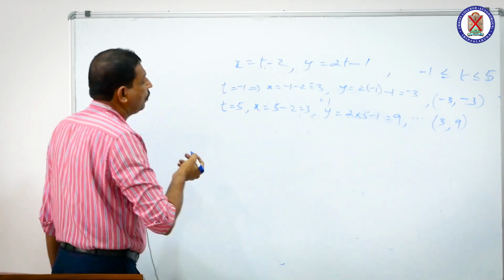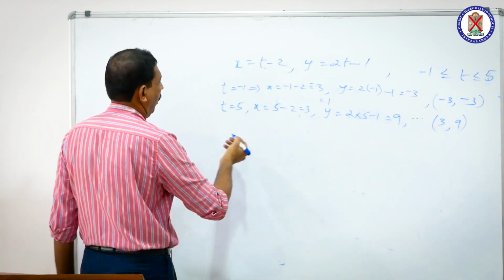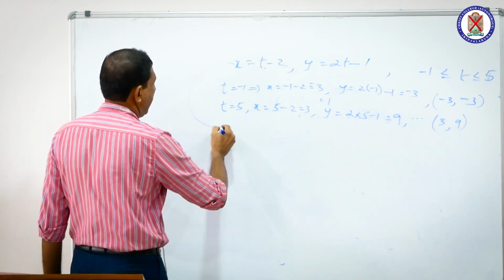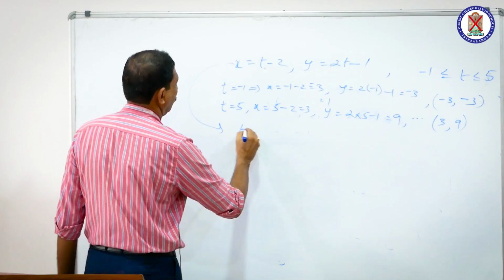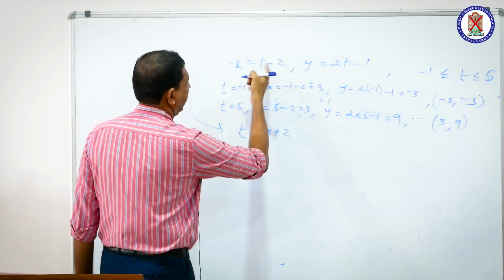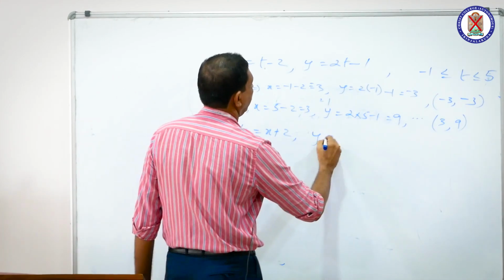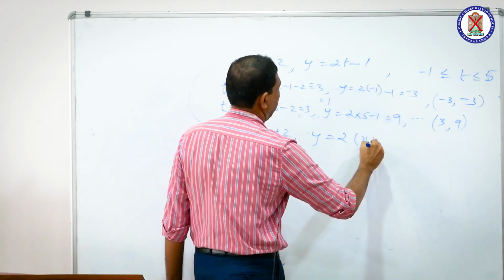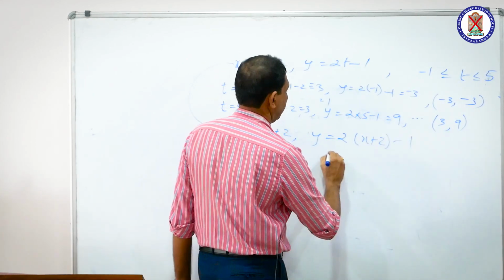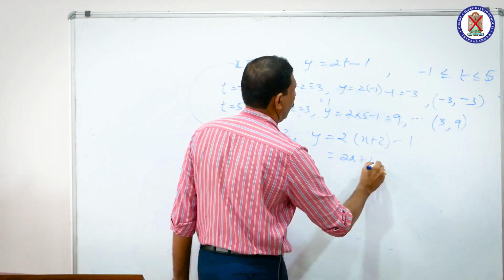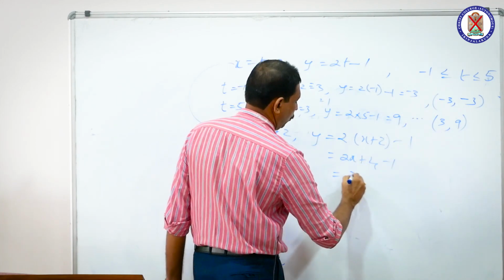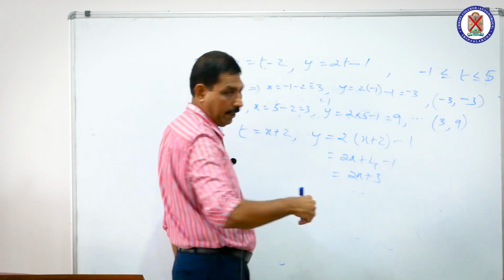The conversion to Cartesian form, as you know: t equal to x plus 2 from here, then y equal to 2 into x plus 2 minus 1, that is 2x plus 4 minus 1, that is 2x plus 3.